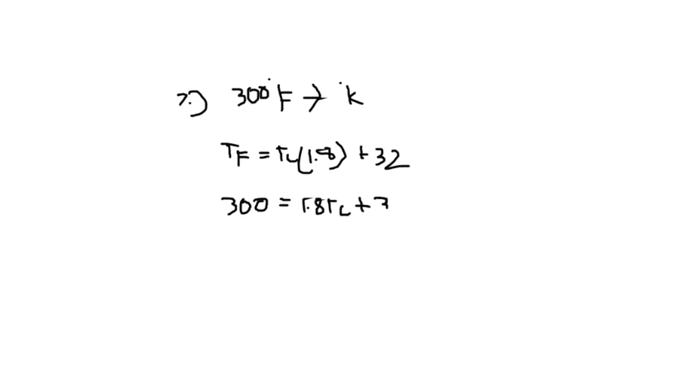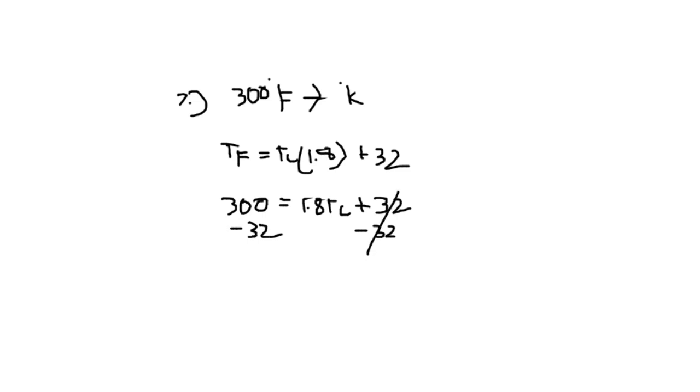So let's convert 300 degrees Fahrenheit into Kelvin. So this is a two-way process. So what we're going to do now is temperature in Fahrenheit equals temperature in Celsius times 1.8 plus 32. What we're going to do is just use some property of algebra, the additive inverse property.